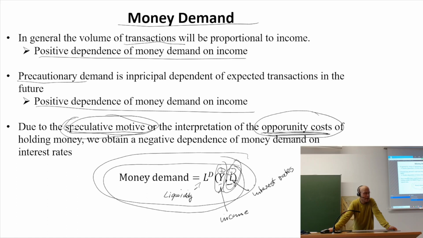So they will hold money to have cash tomorrow, since then at low stock prices they want to invest. And in this argumentation for the speculative motive, we also have to keep in mind that the assumption is that more people in the market are expecting prices to fall, because of course there still have to be other people who are still buying stocks.